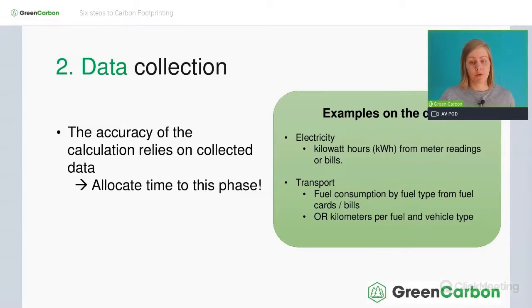And then transport: for example, you need the fuel consumption by fuel type, for example diesel, from the fuel cards or fuel bills. Or if you don't have this information, you can use kilometers per fuel and vehicle type. This is usually the case in calculations, that you have several options, but some options are more accurate than others.